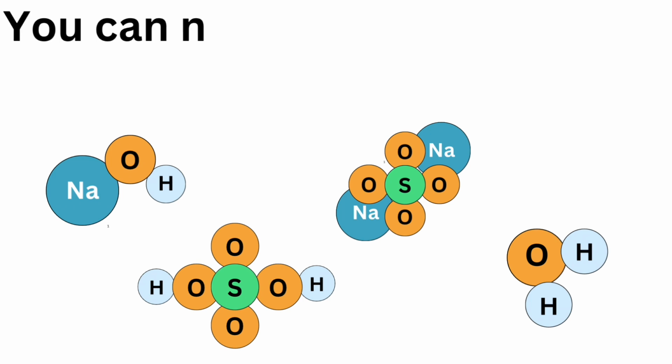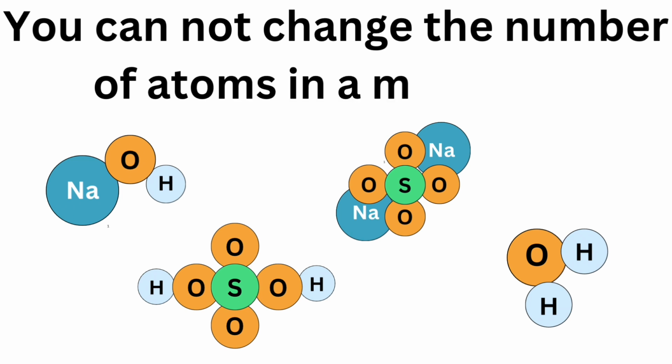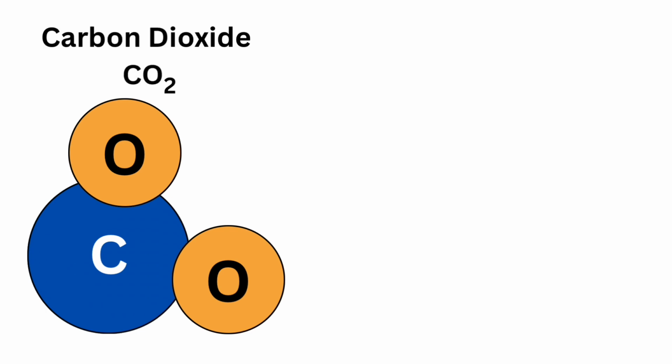But it's important to remember that you can't change the number of atoms within a molecule, so you can't change the actual formula. To help to understand why, let's look at carbon dioxide. A molecule of carbon dioxide has the formula CO2, which means it contains 1 carbon atom and 2 oxygen atoms.